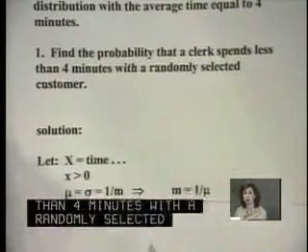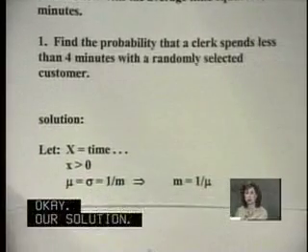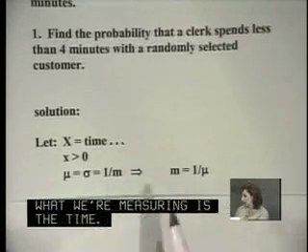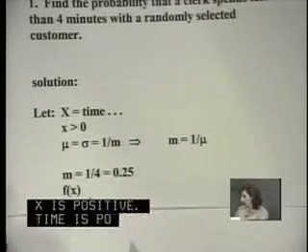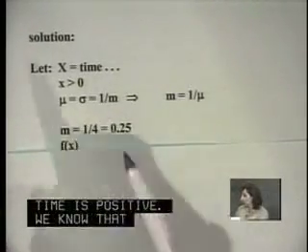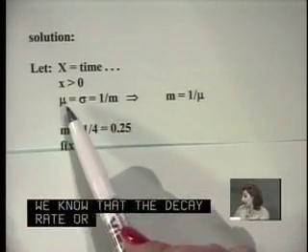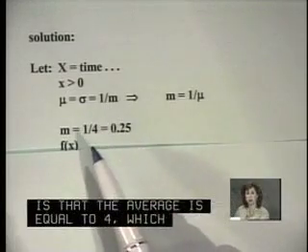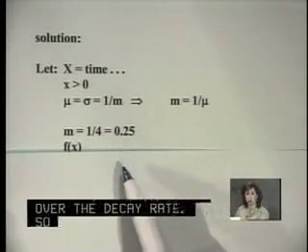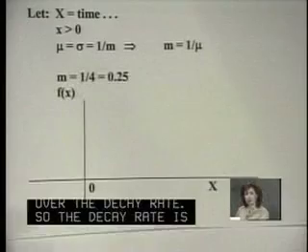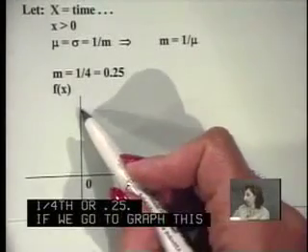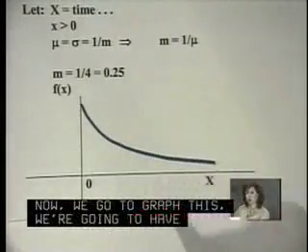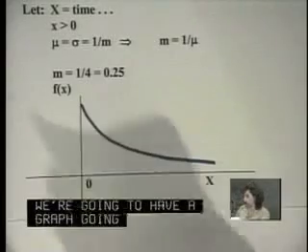Okay, our solution. What we're measuring is the time. x is positive, time is positive. We know that the average is equal to 4, which is 1 over the decay rate, so the decay rate is 1/4, or 0.25. If we go to graph this now, we're going to have a graph going down like this.